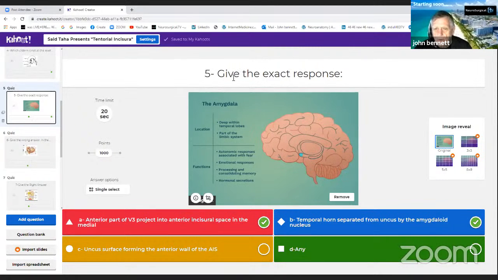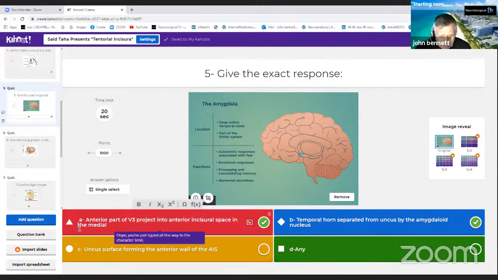We change the response here. Give the what? In the sagittal plane. Which one, A, B, C, or D? A. Okay, in the medial sagittal plane. That's good.